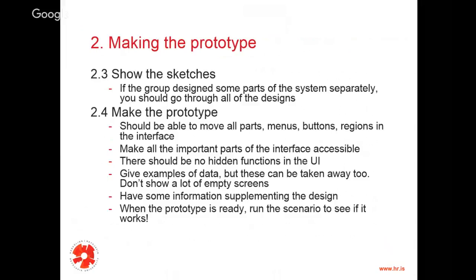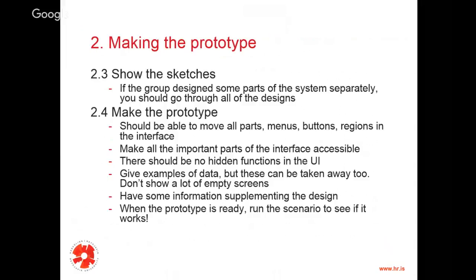And the next thing is to show the sketches. So if you're making a sketch for a big system, and maybe you divided it between the four of you, then you would show it to each other. So the group that designed some parts of the system should go through all the design, both their own and from the others.